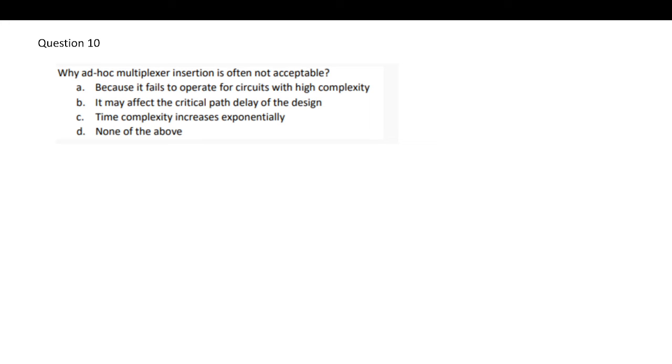Another is the ad hoc method where we insert a multiplexer to provide both controllability as well as observability. So say we have the controllability of the test point, we just insert one multiplexer.